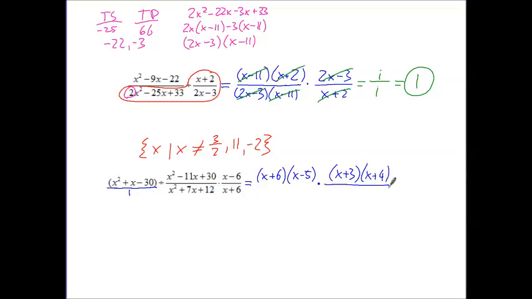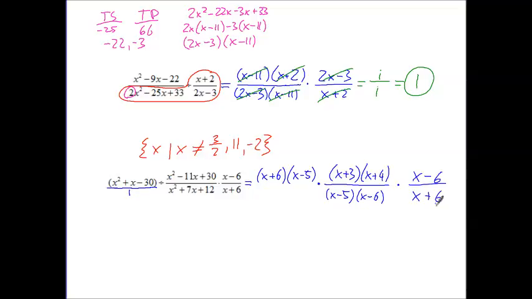Our denominator, x squared minus 11x plus 30, can be factored into x minus 5 times x minus 6. And we bring along our third fraction unchanged because that was a multiplication problem all along.